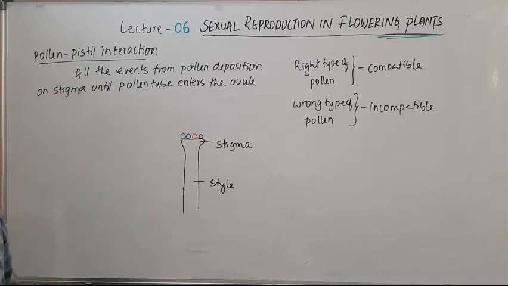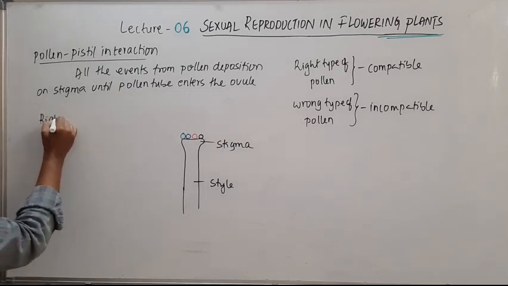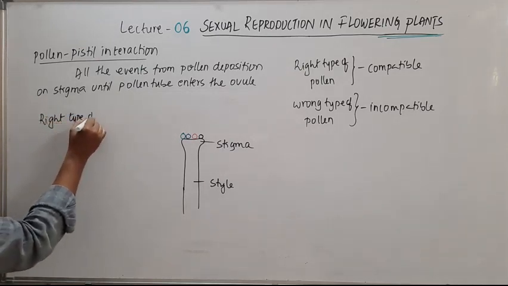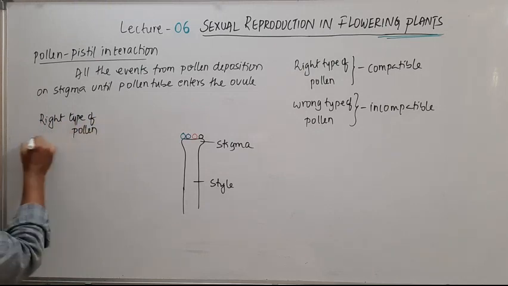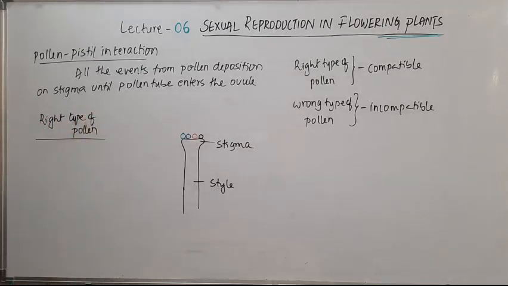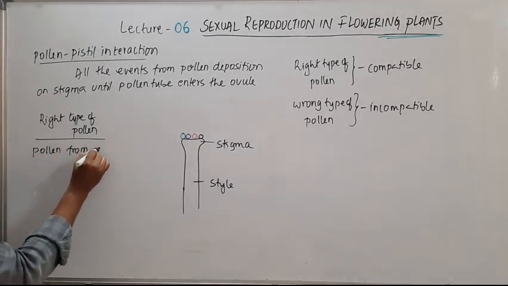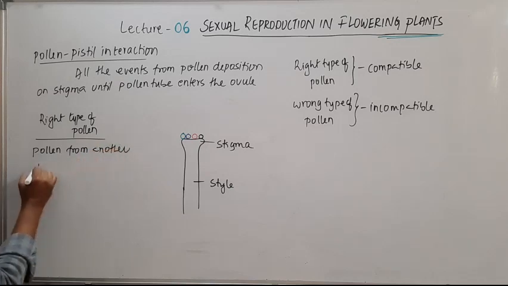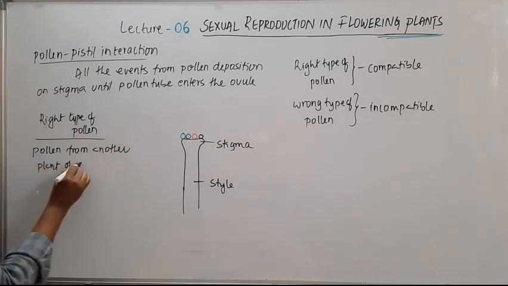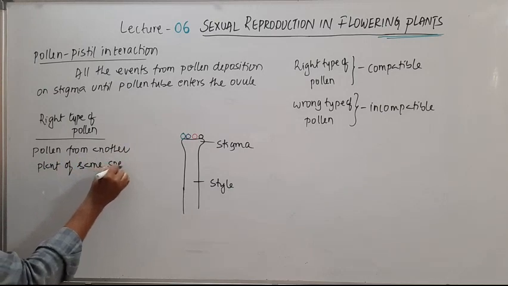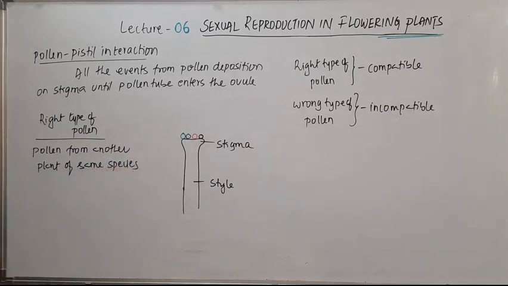So what is actually the right type of pollen? Let's see the right type of pollen here, because we need to consider cross pollination. So the pollen from another plant of the same species, in that condition you have to say it is the right type of pollen.